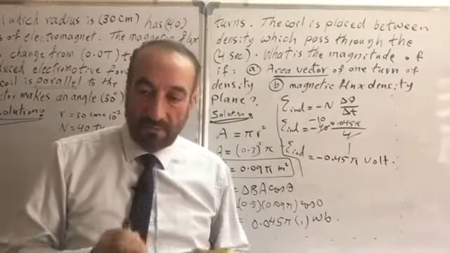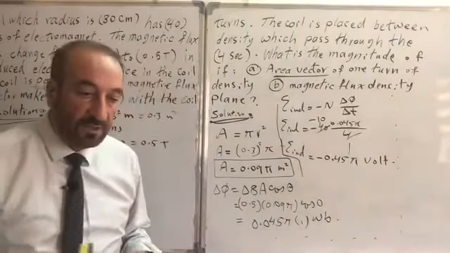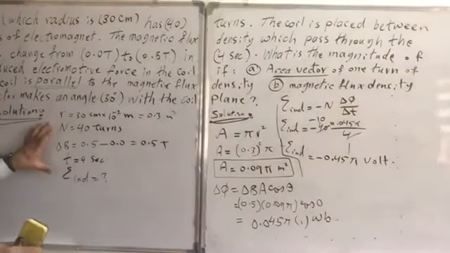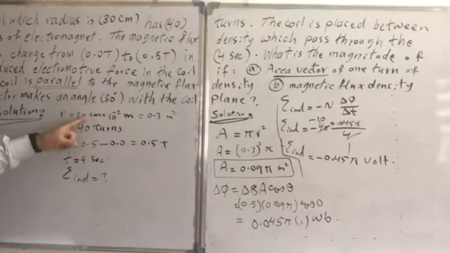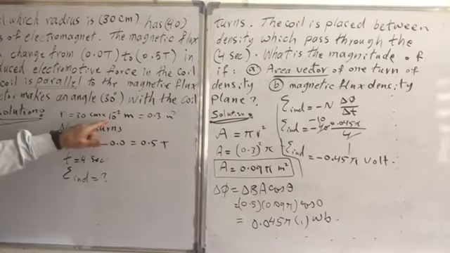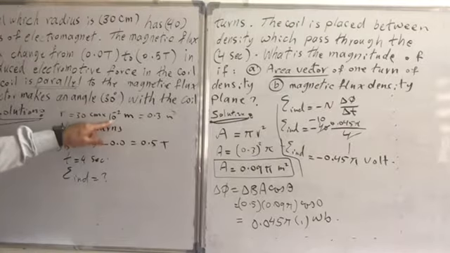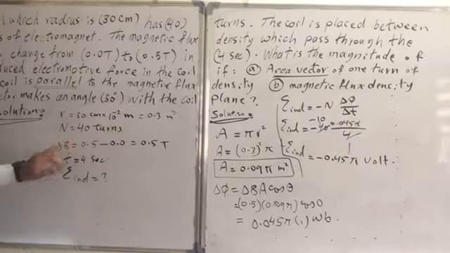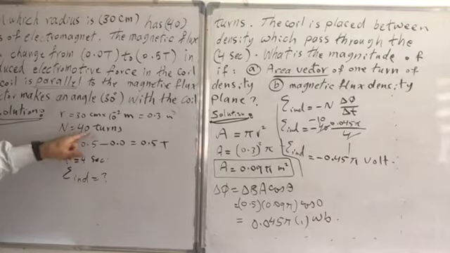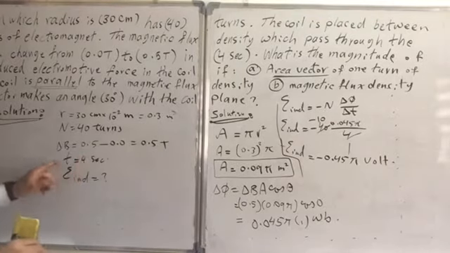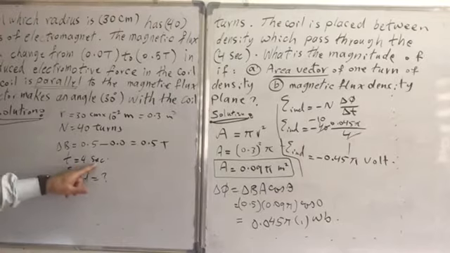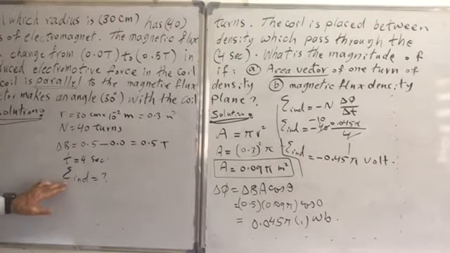In brief, first we find out the given: R is 30 centimeter, and we transform it from centimeter to meter by multiplying by 10 to the power minus 2. Number of turns, 40 turns. Delta B equals 0.5 minus 0.0 equals 0.5 Tesla, and the time is 4 seconds. The question asks for E induced.